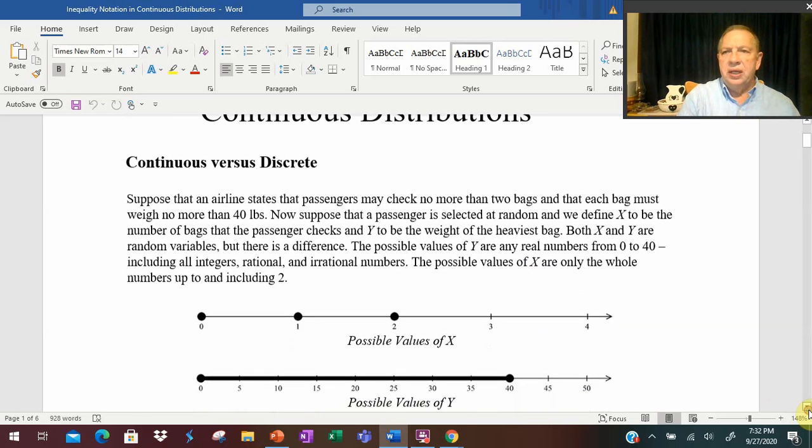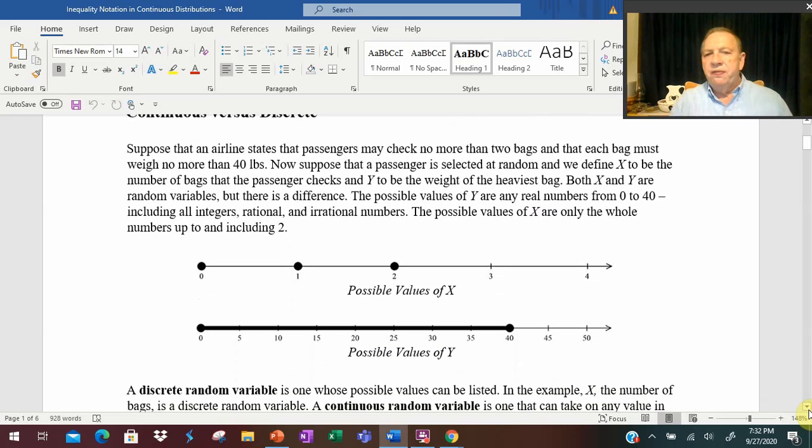So those are the discrete values, but what about the possible values of y? Zero is maybe not possible, if you have 0 bags and your weight is 0 pounds. But other than that, you're going to have some weight, and it could be anything. This whole filled-in interval between 0, including 0, up to 40, including 40, is where the numbers could come from.